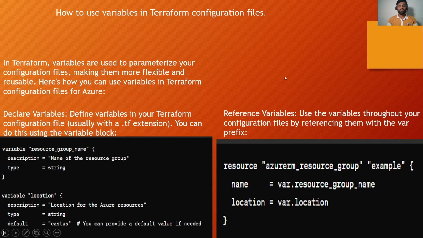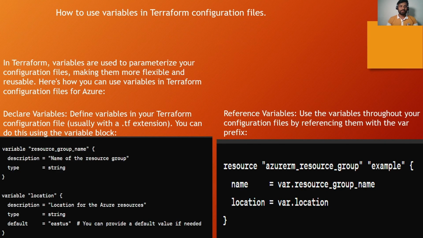Then, how to use variables in a Terraform configuration file. In Terraform, variables are used to parameterize your configuration files, making them more flexible and reusable. Here is how you can use variables in Terraform configuration files for Azure.